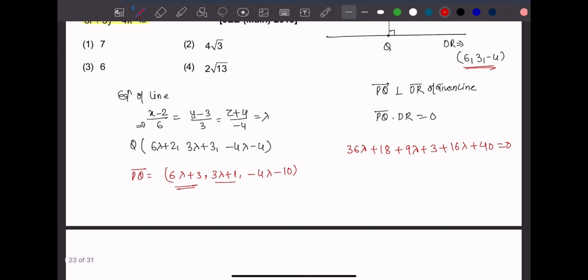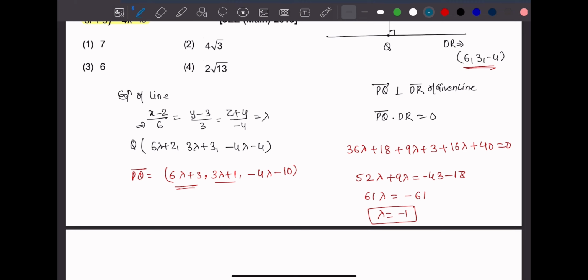So we are getting 36 plus 16, 52 lambda plus 9 lambda is equal to minus 43 minus 18. So from here 61 lambda is equal to minus 61, which means lambda is equal to minus 1.